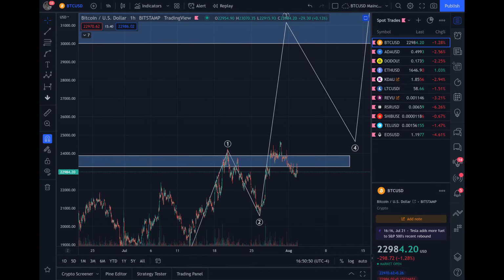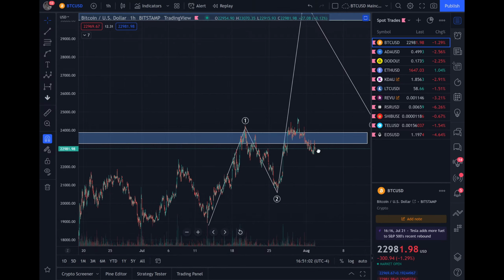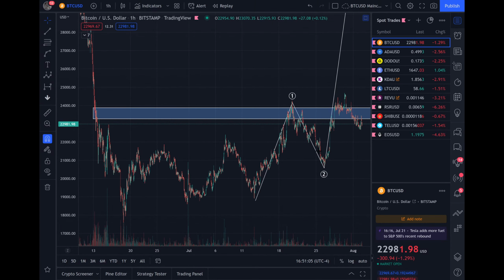All kinds of people on Twitter and elsewhere are saying, hey, you can't just up and go. Bitcoin was down forever, and it can't just make a new bull market out of nothing. But it didn't start out of nothing. You had 50 days of consolidation reversal in Bitcoin.